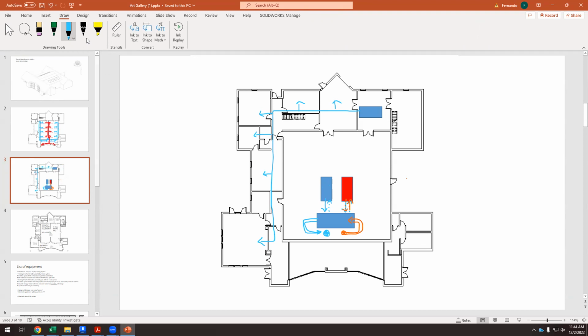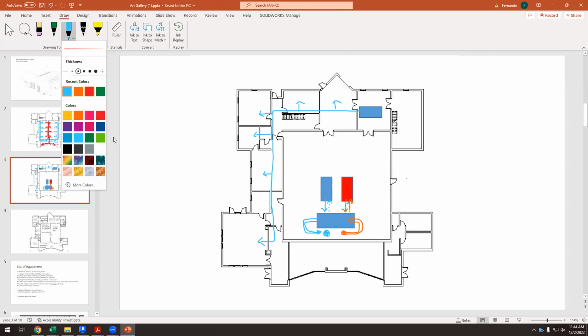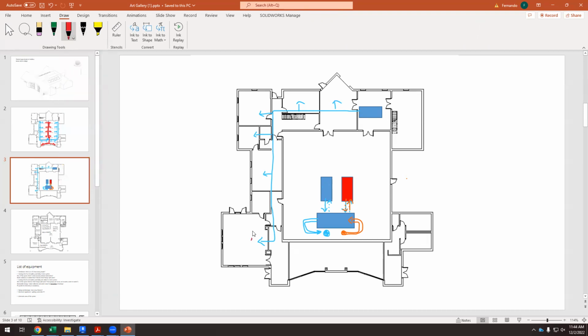Okay, and then I will need return diffusers for all the spaces there up to the air handling unit. So I will need the return diffusers for all those spaces.